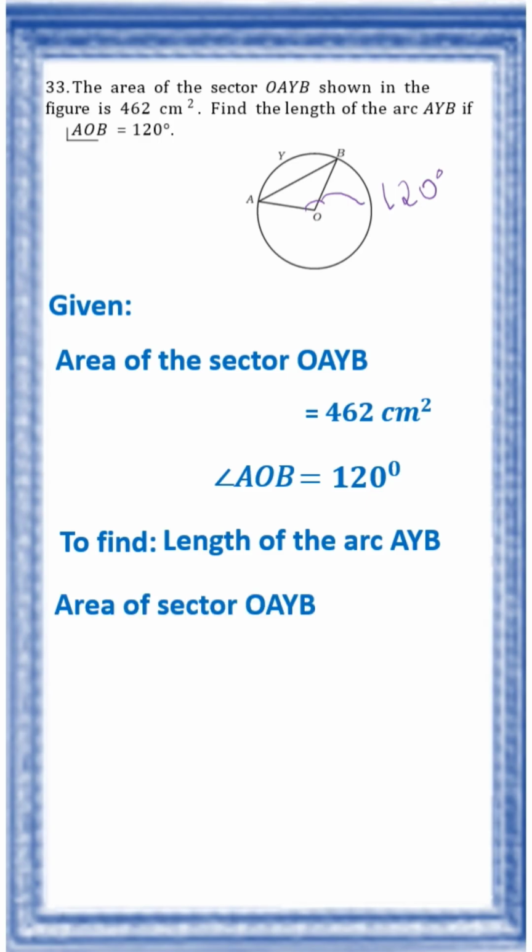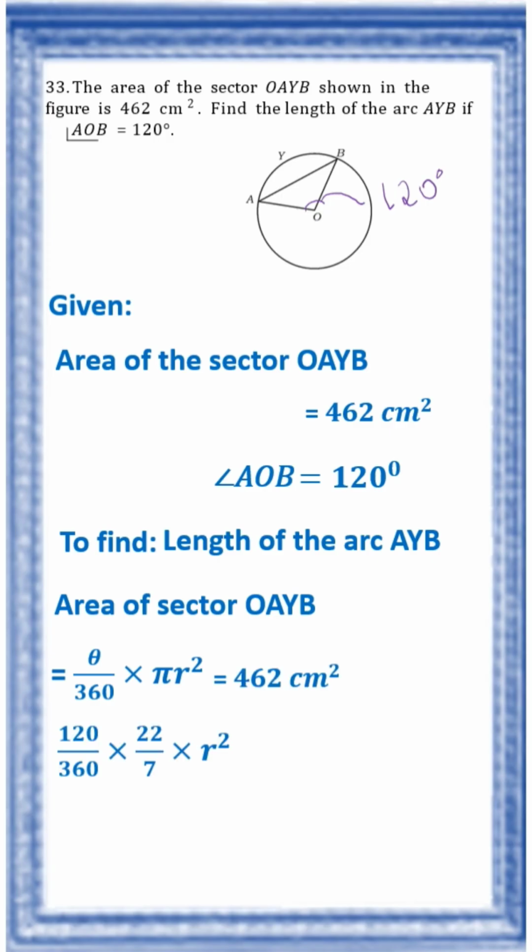We are given the area of the sector OAYB, 462 centimeter square. The formula for the area of the sector is theta by 360 into pi r square, because we have to find the radius. We are not given that.